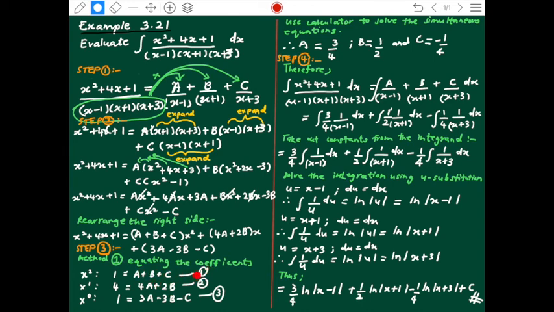So each of these represents the first equation, the second equation, and the third equation. Now, if you want to make it quick, you can use the calculator to solve these simultaneous equations. So you will get from the calculator a equals 3 over 4, b equals 1 over 2, and c equals minus 1 over 4.